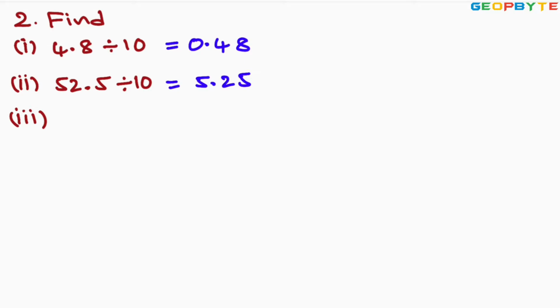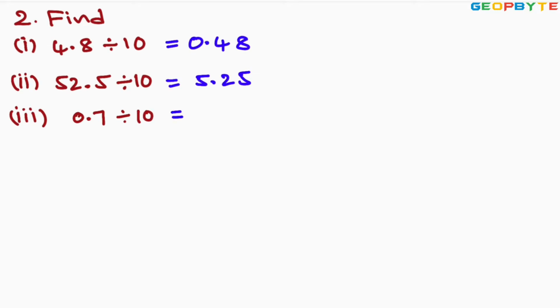Next, third one. 0.7 divided by 10. On dividing a decimal by 10, the decimal point is shifted to the left by one place. We have 0.7. So if we shift the decimal point towards left by one place, then we'll be getting 0.07.